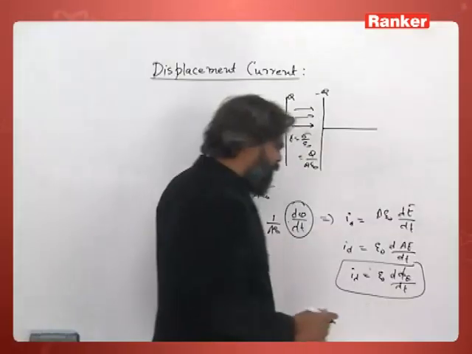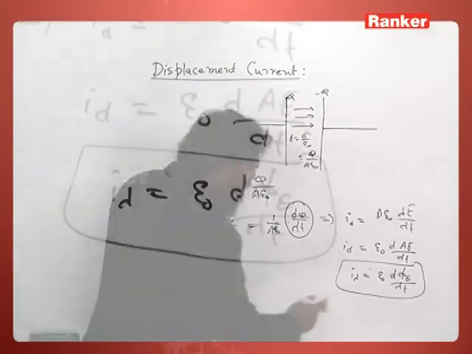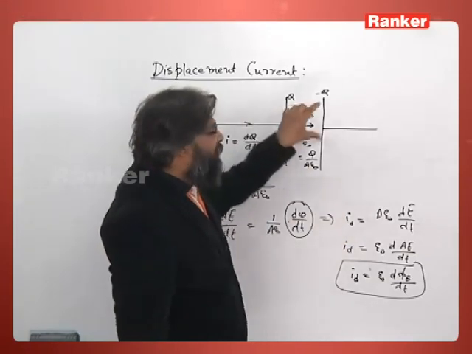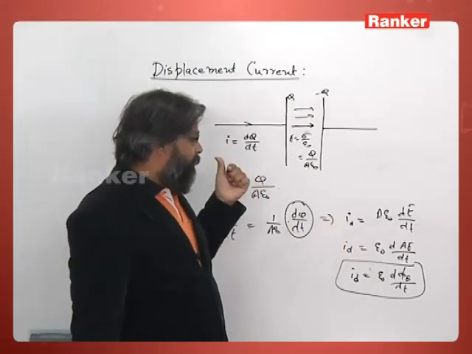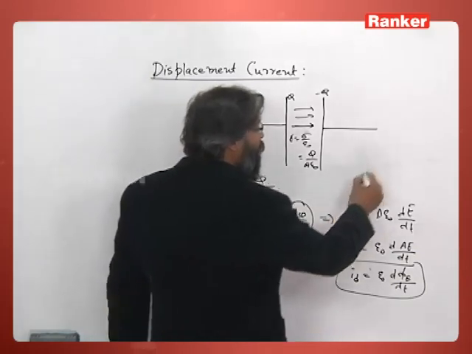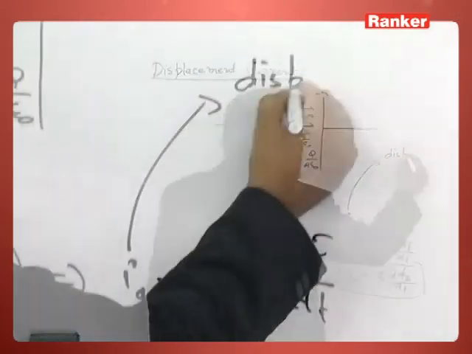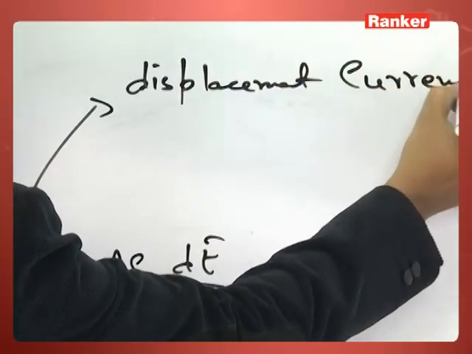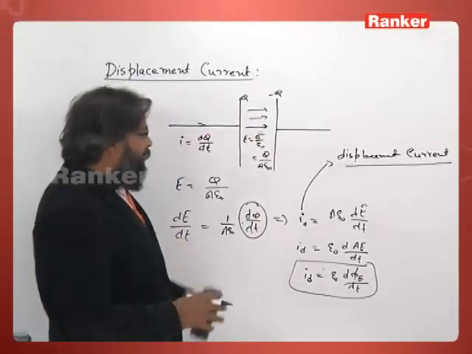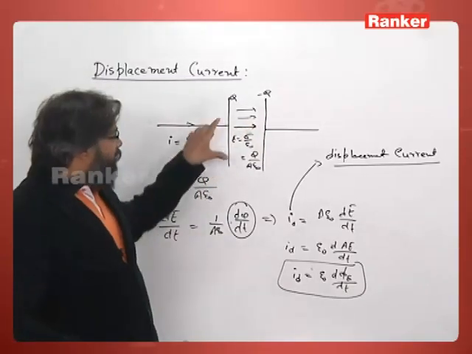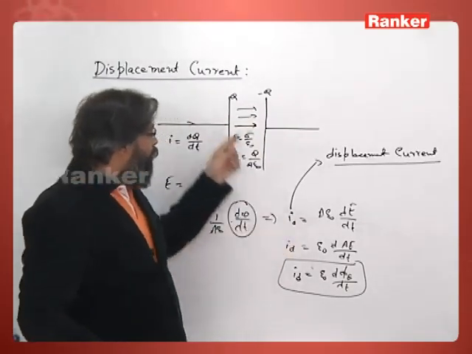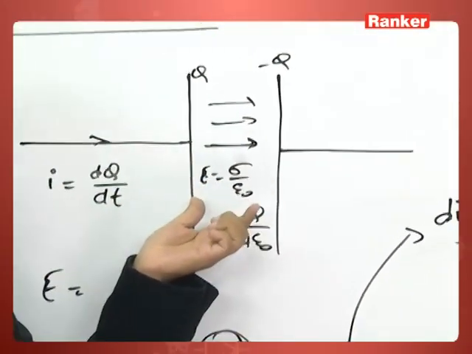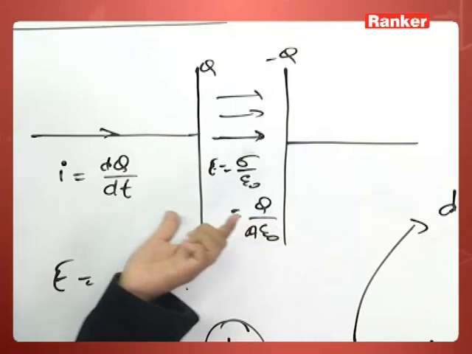So this I_d here is a fictitious current inside this capacitor. This current we will call displacement current. What is this displacement current? This is a fictitious current flowing in between the capacitor, where actually the electric field is changing with time.